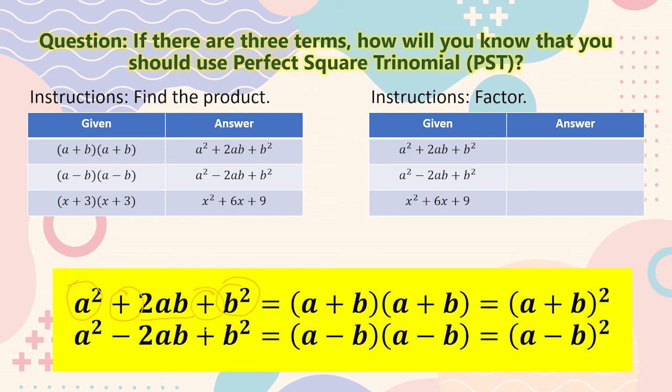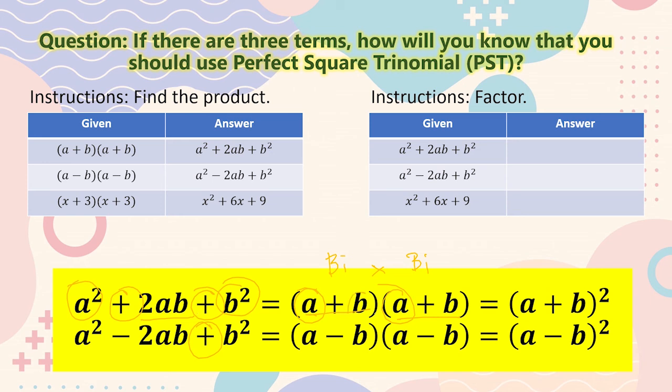As long as the operation before our third term is always an addition. If that's the case, the shortcut to factor it out, always remember that it's binomial times binomial. The first term is the square root of our first term in the given.